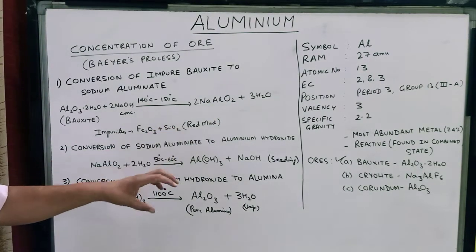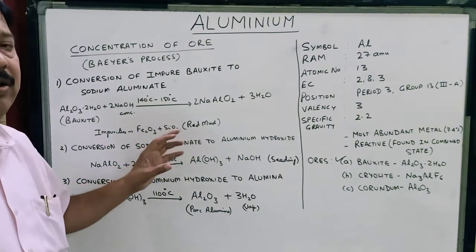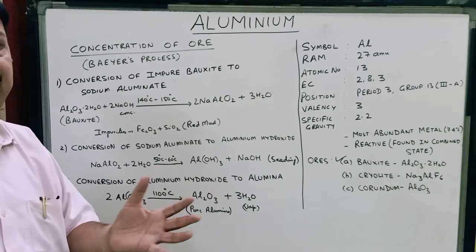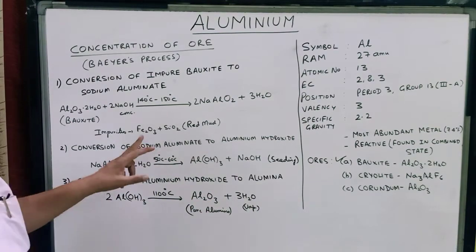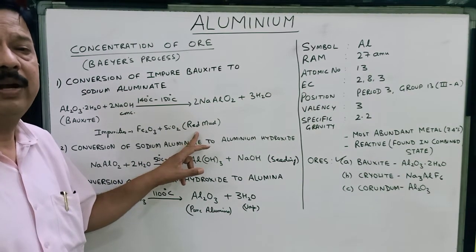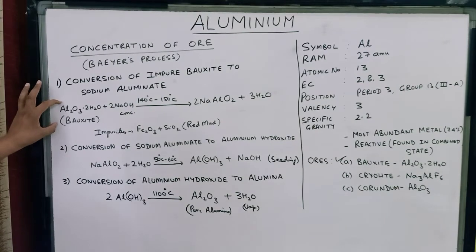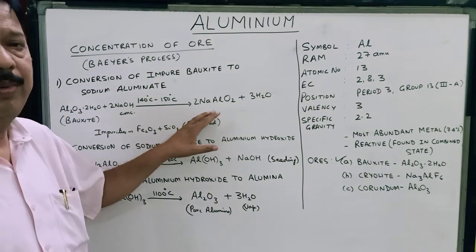The rest of the impurities, that is ferric oxide and silica, are separated out by this process as red mud. So in the first step, we have converted the bauxite ore into sodium aluminate.